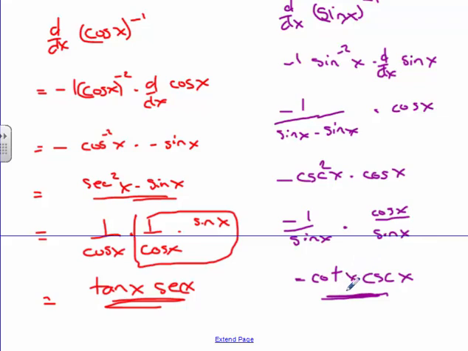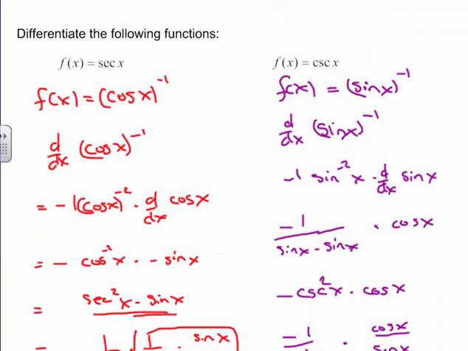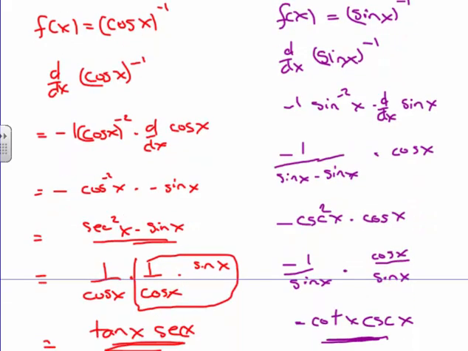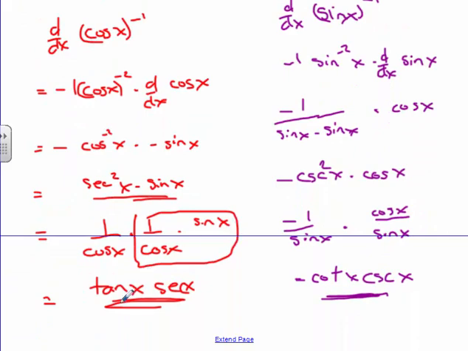Here's how I memorize it. By the way, you don't need to memorize. It's not something you're going to have to do. But I found this really helped me. Secant is the one identity that doesn't have co in it. And so secant will end up being itself, but it'll have tan. And tan also does not have co in its word.